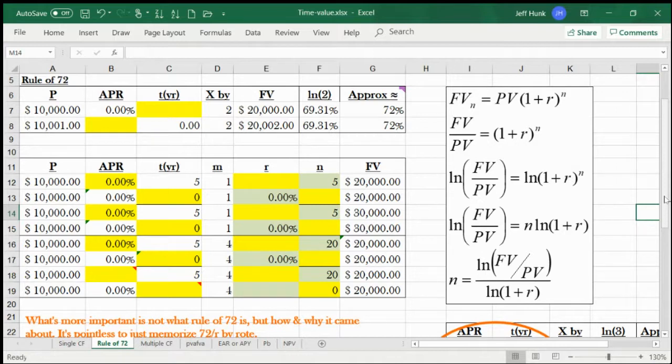Well, basically, the rule of 72 is simple. It's a really, really watered-down method to find out how long it's going to take to double your money, double your investment. So for this example, let's take a look. You have $10,000, right?